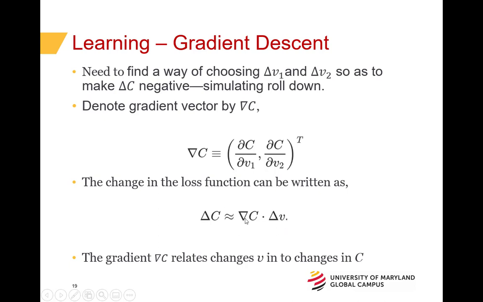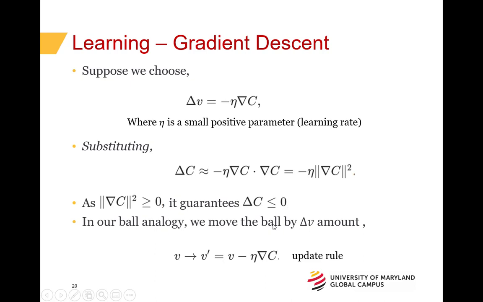So it is proportional to the product of the two functions. That means this gradient term relates the change in V to a change in C. So we're going to substitute that value in the next slide.